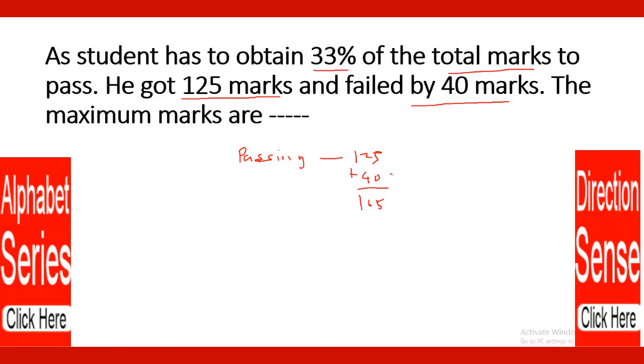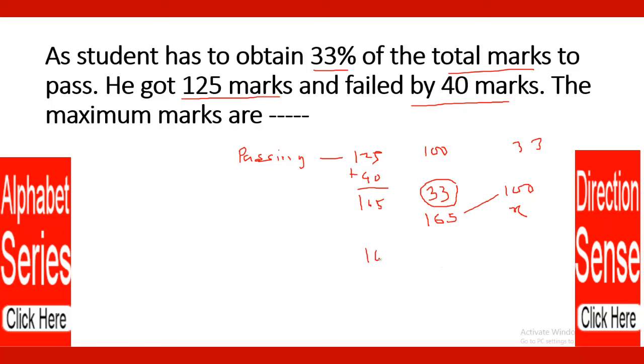It means for 100 marks, the passing mark is what? 33 marks. So we can write that if 33 are the passing marks, then the maximum marks will be 100. But if the passing marks are 165, then what will be the maximum marks? We cross multiply these numbers and divide by the first number.